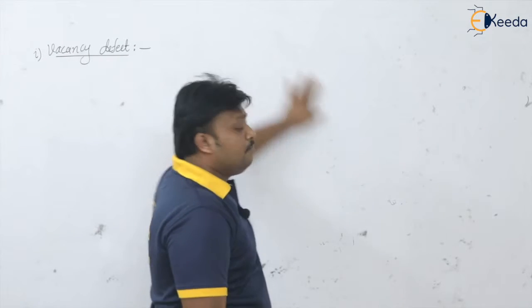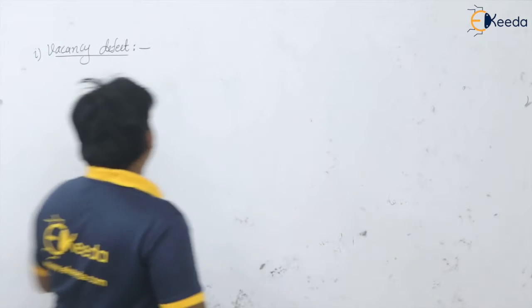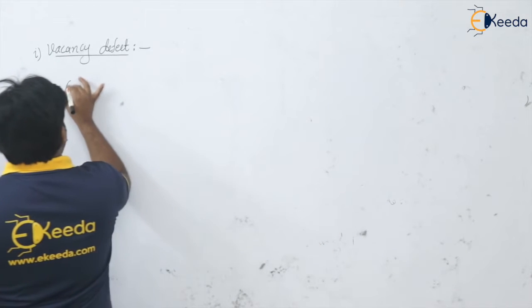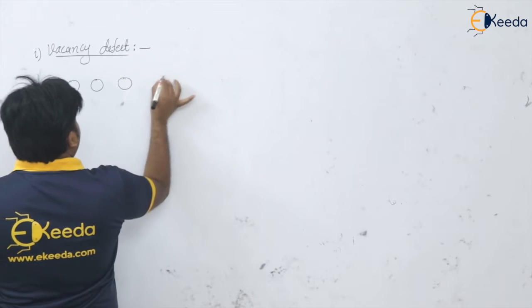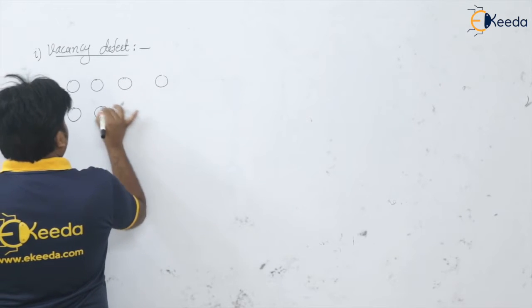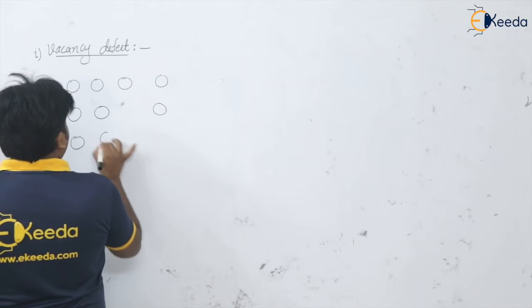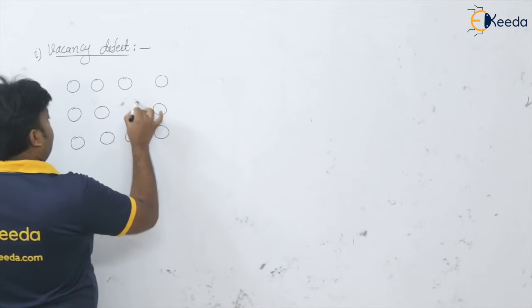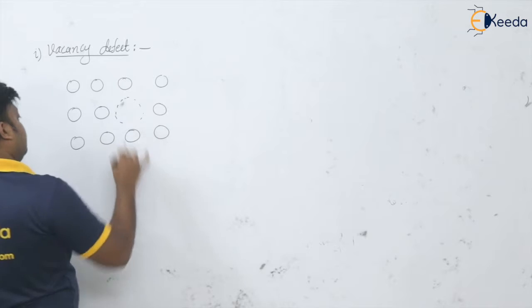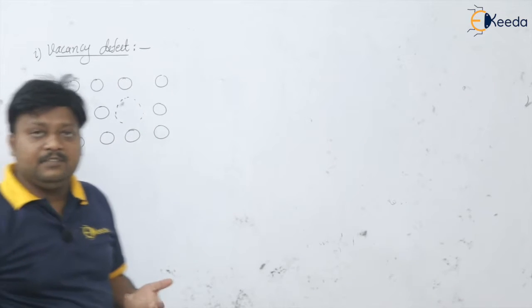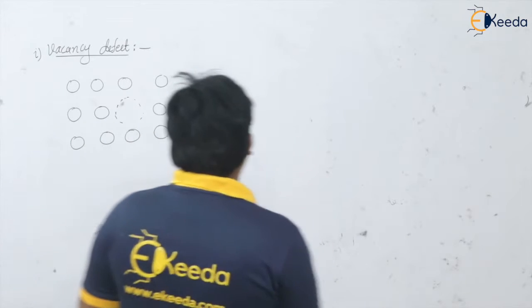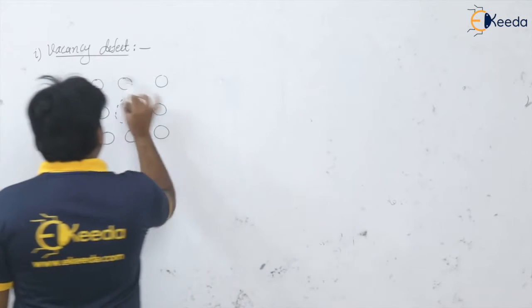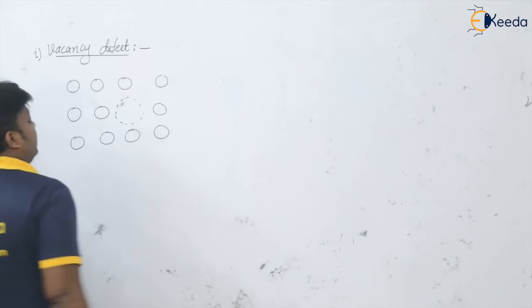Whenever from the regular atomic arrangement there is a missing of an atom, directly one atom is missing from this regular atomic arrangement, the defect is known as the vacancy defect.